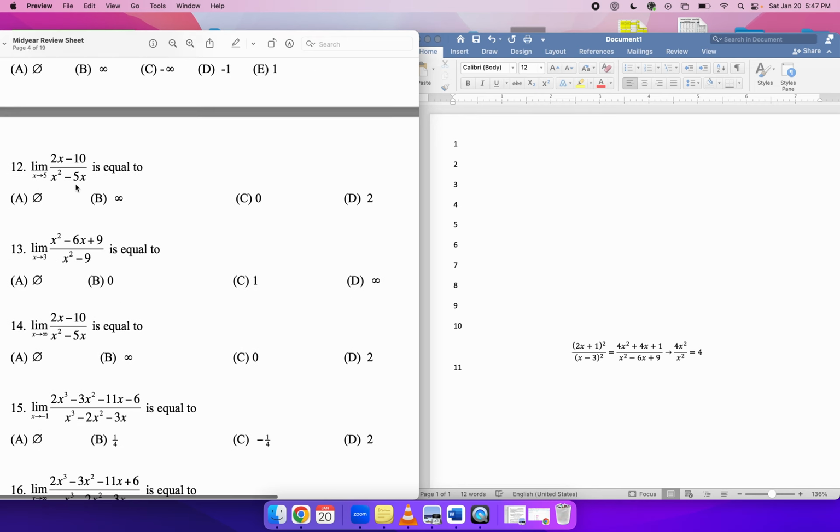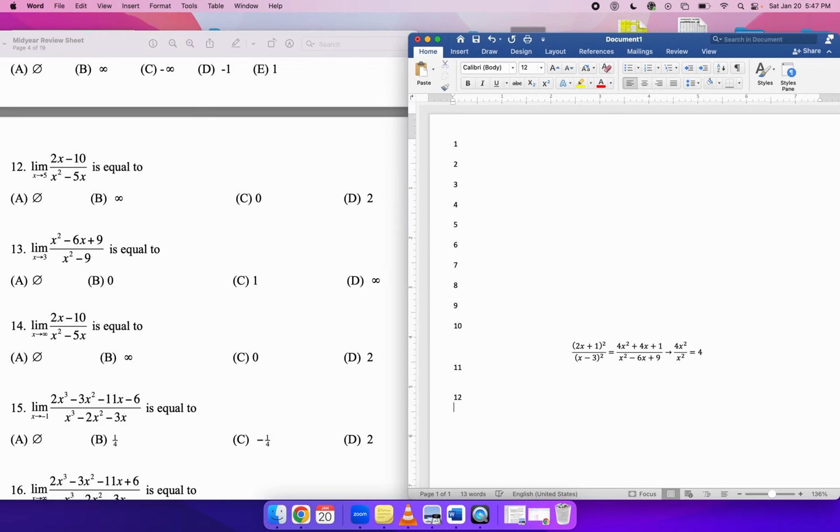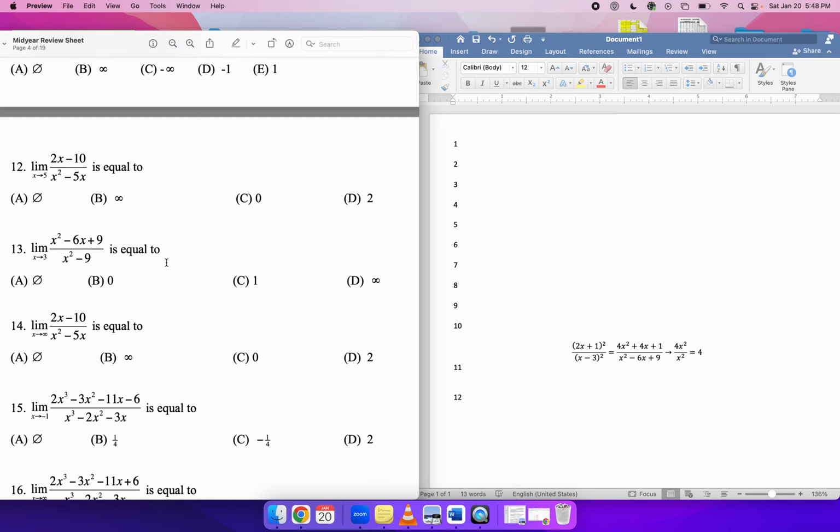Number 12, limit as x approaches 5 of the expression. If you plug in 5, you'll get 0 over 0. Anytime you get 0 over 0 when you plug in a number for a limit, you have two options: you can simplify the expression by factoring and canceling common factors, or you can use L'Hopital's rule, which says take the derivative of the top and the bottom and try again.